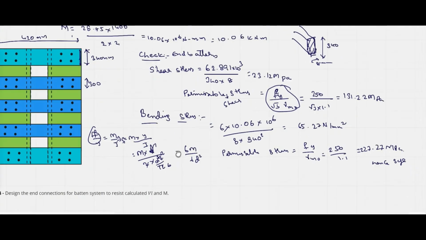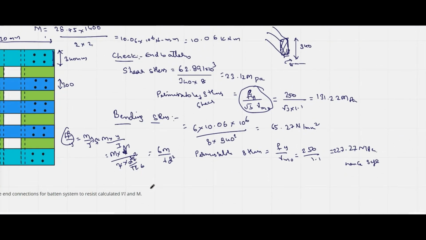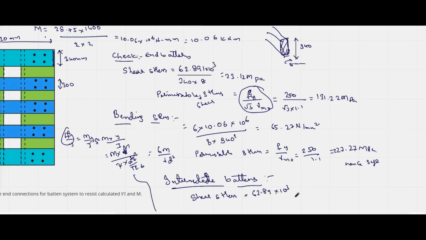Now let us check with the same formula for intermediate battens. Same, let us calculate shear stress, which is equal to the direct load 62.89 into 10 cube divided by the depth here, 300 mm, 300 into 8.